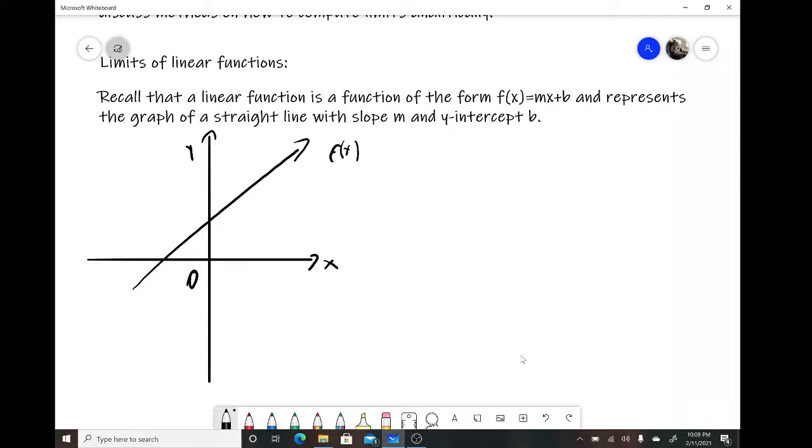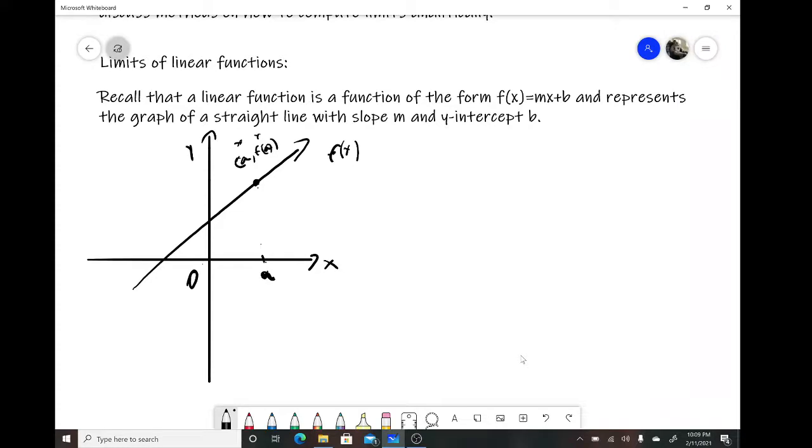It's increasing from left to right. And let's say we had here some point a on the x-axis. If we plug it in for the function f, it is going to have some output, and that output will be somewhere up here. So this will be the point a comma f of a. This will be our x coordinate, this will be our y coordinate.